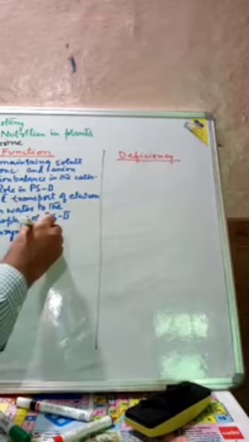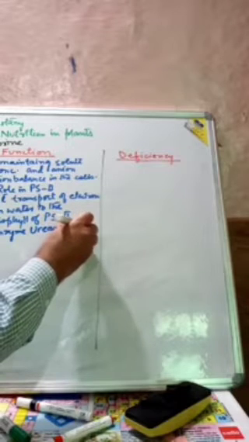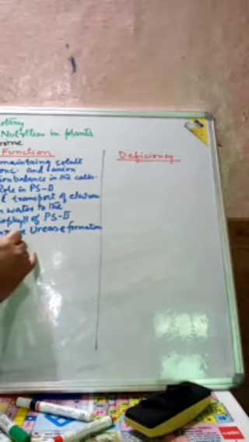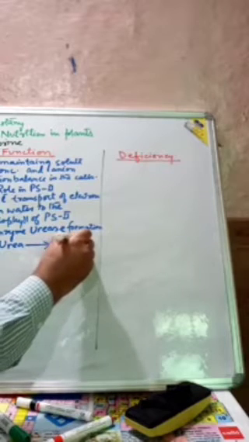Third, it is an essential part of the enzyme urease. It is an important part of the enzyme urease, and it plays an important role in urease formation. This enzyme helps in the breakdown of urea into carbon dioxide and ammonia.